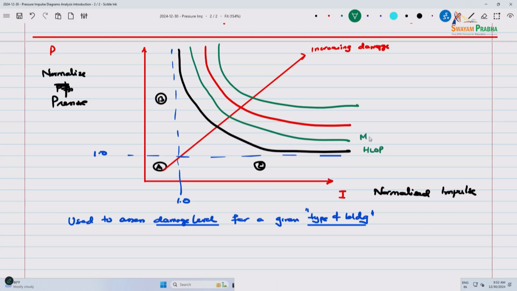This would be a medium level of protection. This is a low level of protection, and this could be a very low level of protection. So this is high deflection or damage. This is very low deflection or damage.